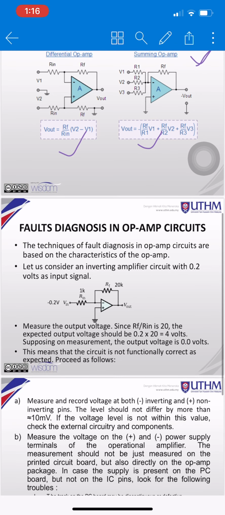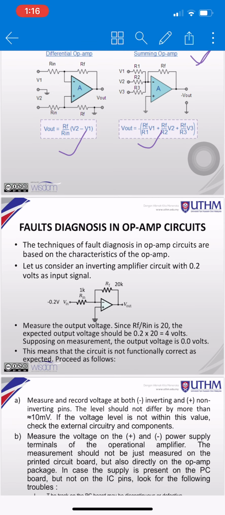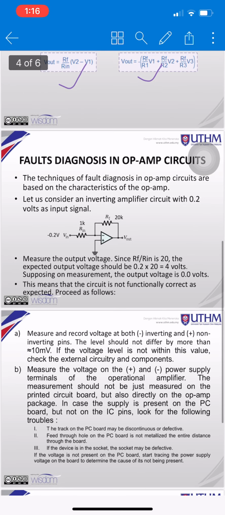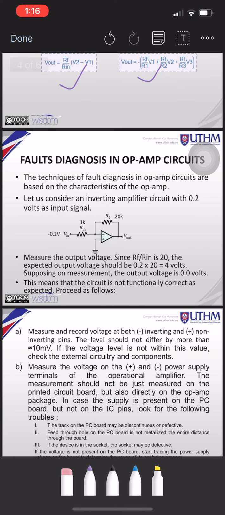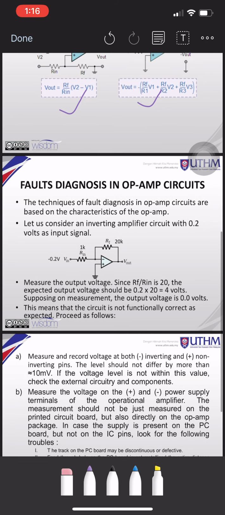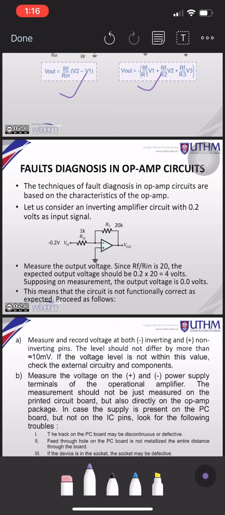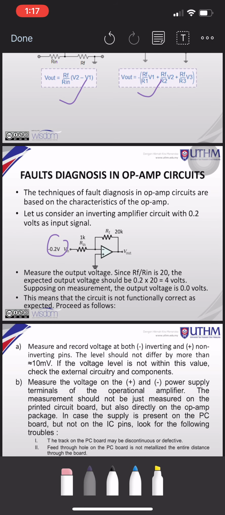For example, here we have an inverting op-amp. In this circuit, our input here is negative 0.2 volt, and we have the resistor here, 20k.